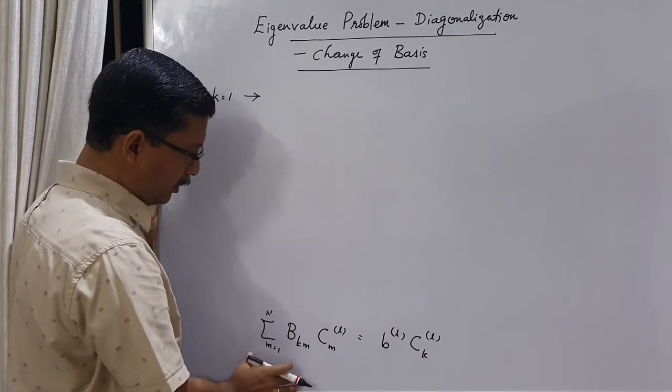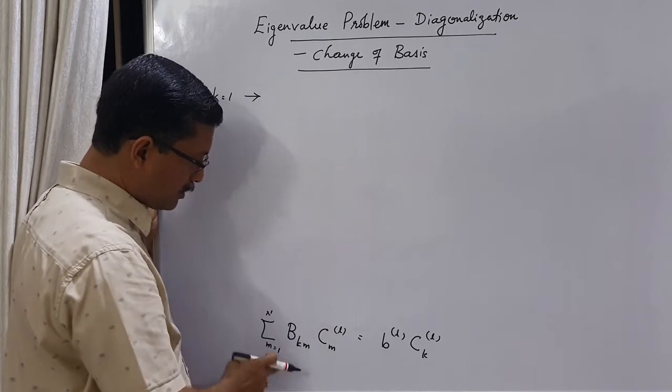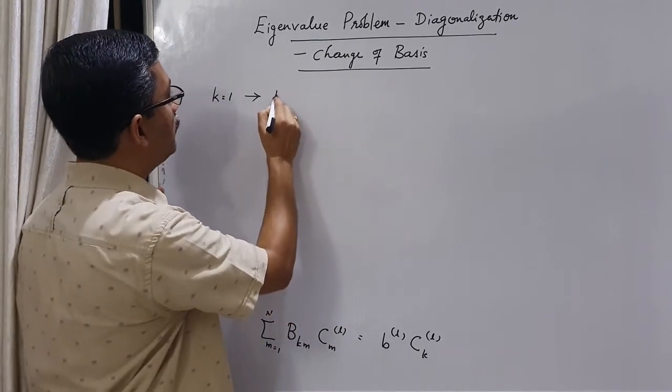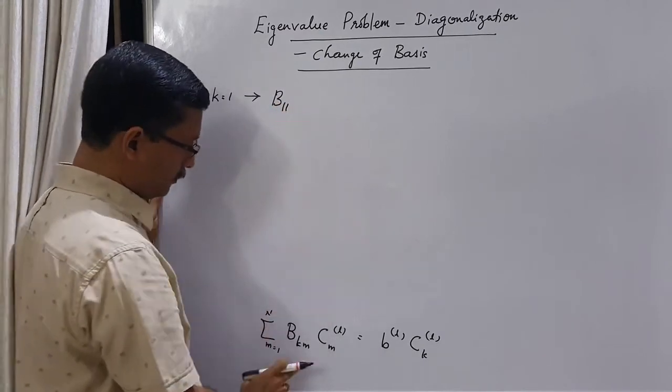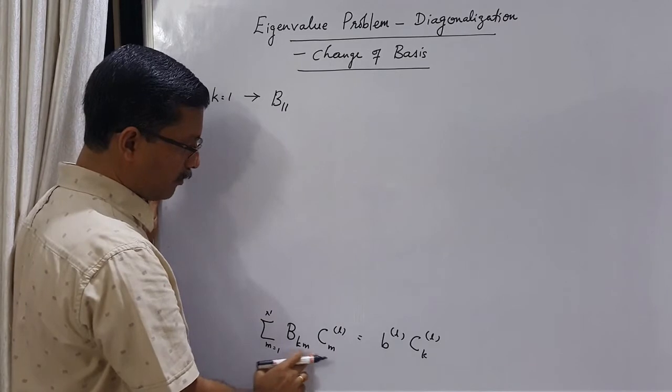So on the left-hand side you have n terms, right? So there is a summation over m. What you have is b11 as the first term, where k is already 1 and m runs from 1 to n.